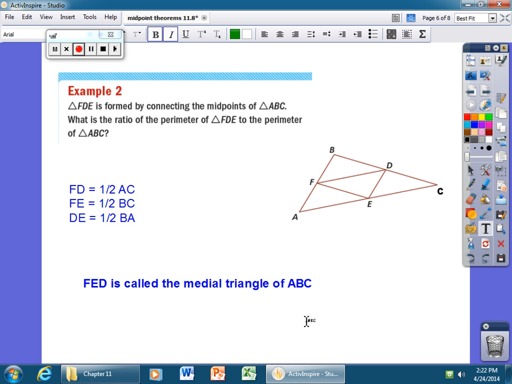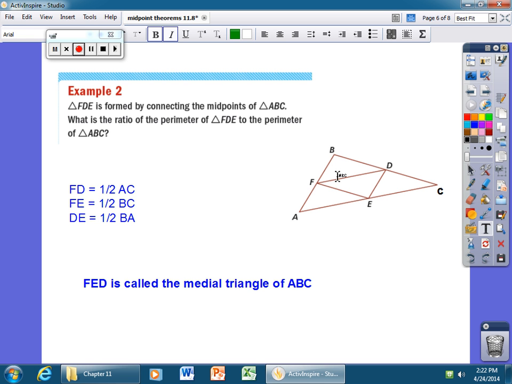Okay, so here is what's called a medial triangle. The medial triangle is made by connecting the midpoints of each side. So in other words, E is the midpoint of AC, D is the midpoint of BC, and F is the midpoint of AB.